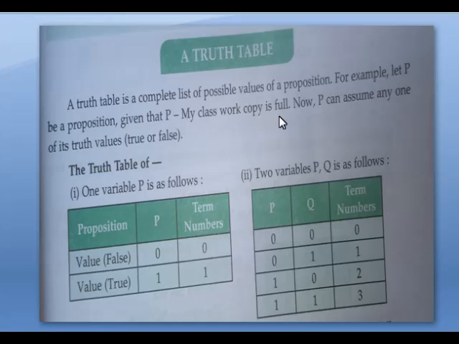If it is not full, then it is no. So yes means true, no means false. So the truth table of only one variable, if one variable is there, proposition is true. False means the term is 0. True means the term is 1.